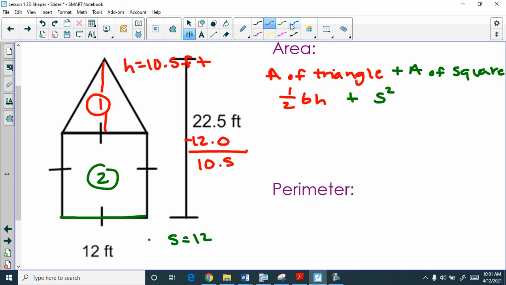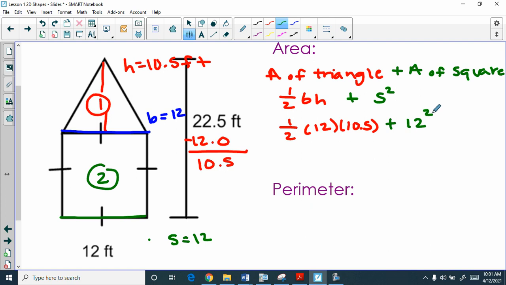And then we know the base of this shape is 12, just like the base of the square. So now I'm going to plug my pieces in. I've got 1/2 times 12 times 10.5 plus my side, which is 12 squared.